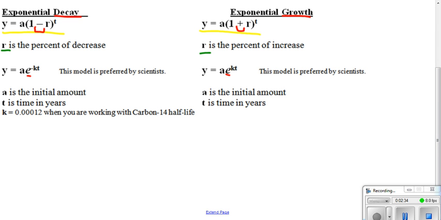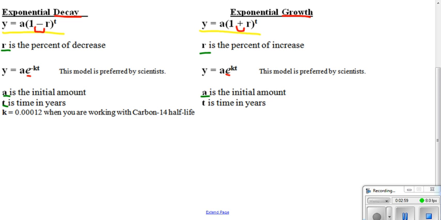If it's exponentially decaying, we have e to the negative k times t, times a, equals our y. Or if it's growing, it would be a positive k, so y equals a times e to the positive k times t.